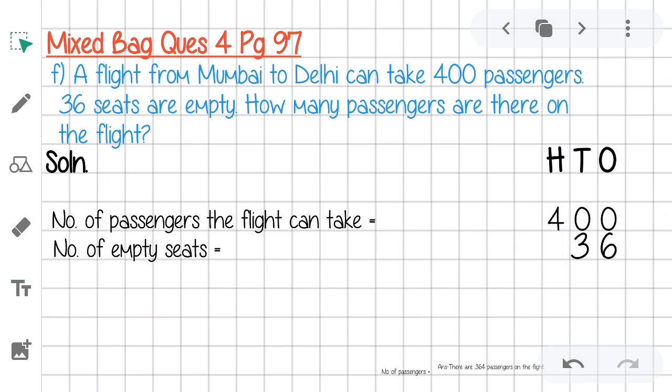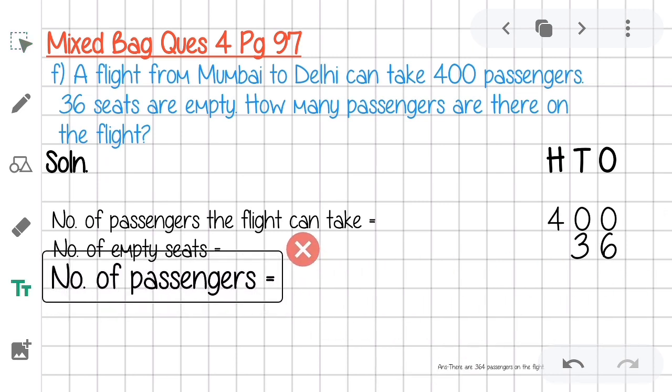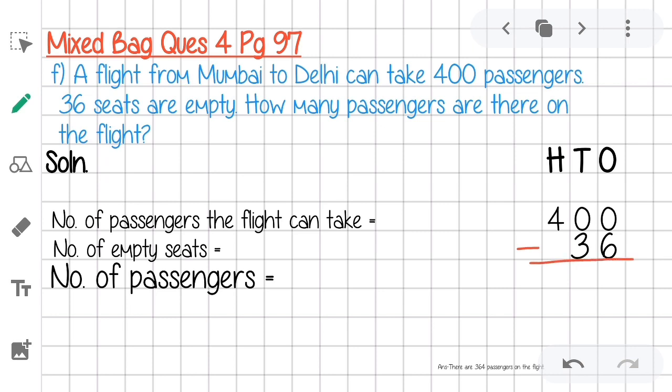Empty means no one is sitting on those seats. Okay. Now we have to find out how many passengers are there on the flight. So the step for that will be number of passengers. That will be equal to, we'll put a minus sign here. So subtracting the ones place first, here we can see we have to subtract 6 from 0, which is not possible because 6 is a bigger number.